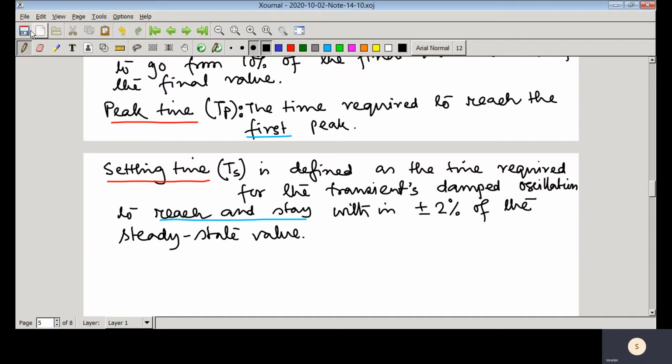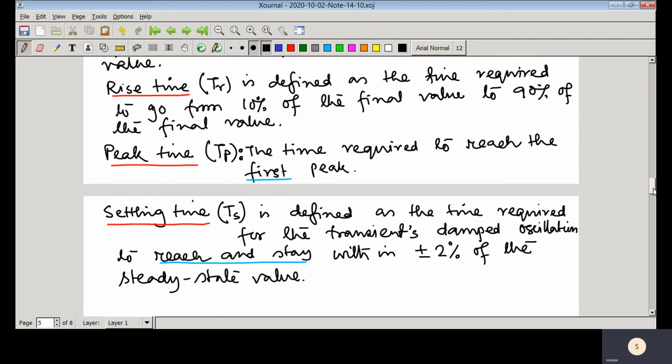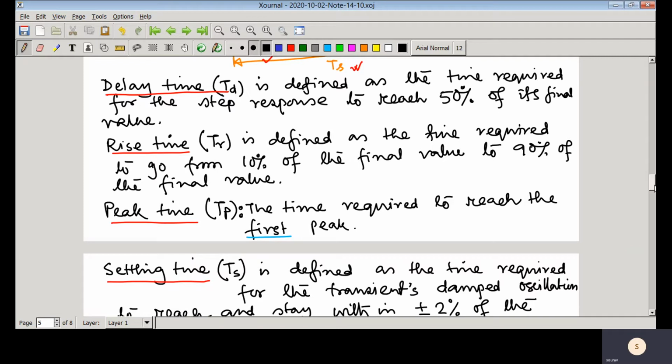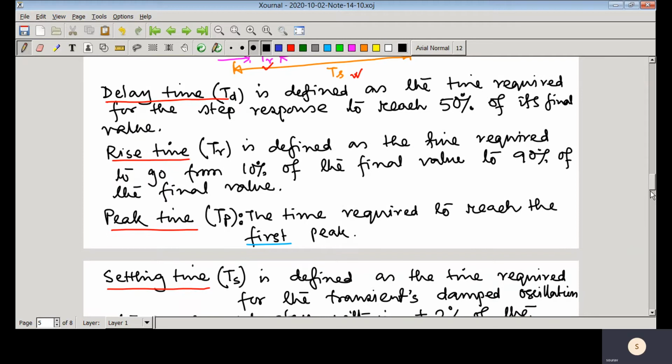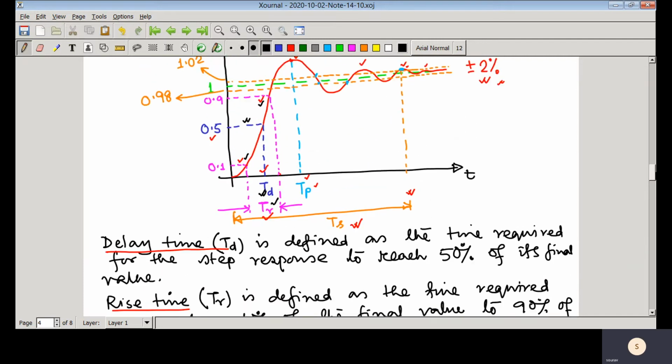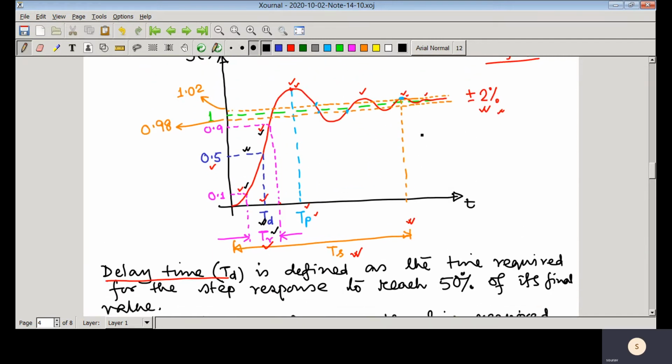So now the question is why these 4 definitions are required, or what is the importance of those 4 definitions. This is very simple. If you know the delay time, rise time, peak time, settling time, or at least 2 or 3 among them, then it is easy to characterize the time response of a second order system.